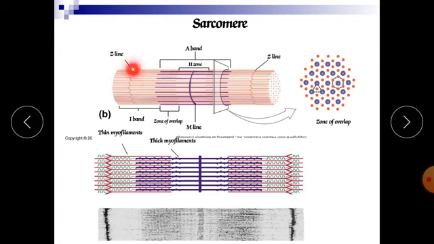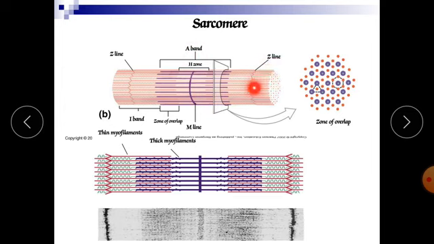Now this is the Z line, the Z zone where the process of contraction is involved. So this Z zone has a great role. This is the A band, this is the Z line.